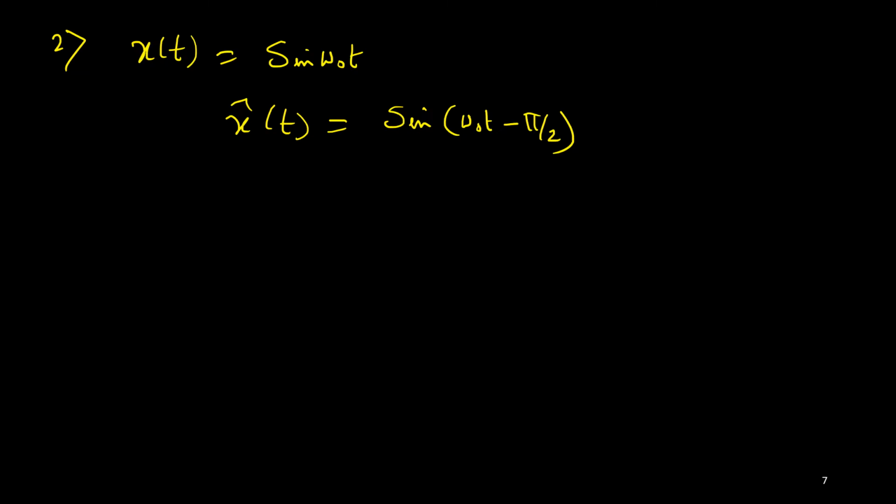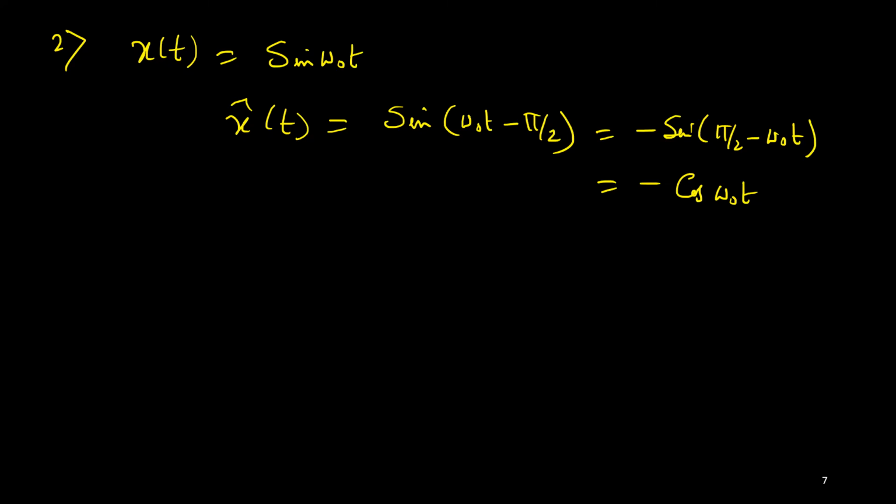Sine of minus theta is minus sine theta, so I can write minus sine of (pi by 2 minus omega naught t), and sine of pi by 2 minus theta is cos theta. So minus cos omega naught t. You see here the minus sign.